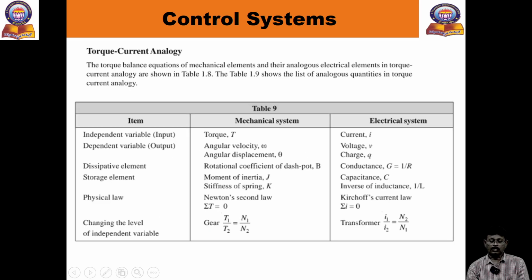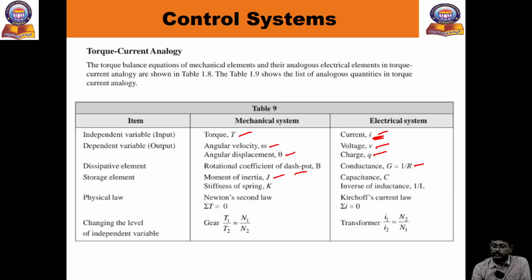Now coming to the torque-current analogy. Previously you took the torque-voltage analogy; now it is the torque-current analogy. Because in the previous case it was voltage, now it is current. Angular velocity corresponds to voltage. Here angular displacement corresponds to charge. Here the dashpot corresponds to conductance.